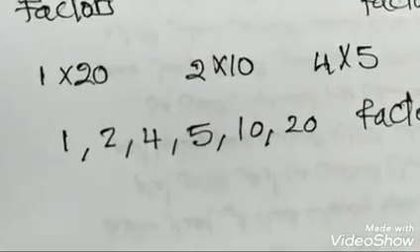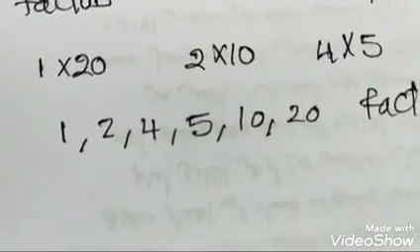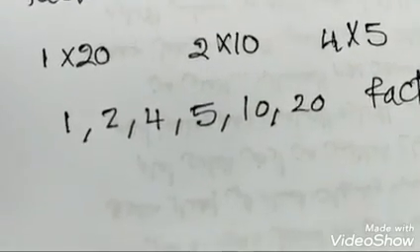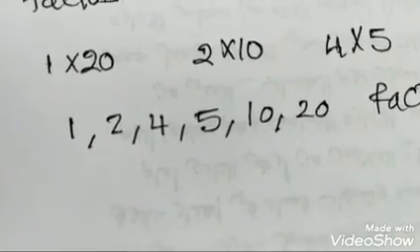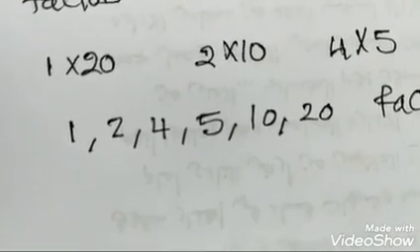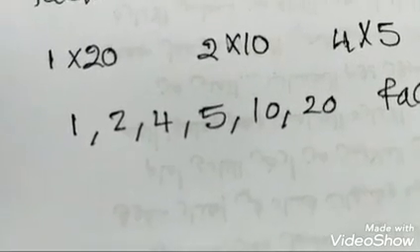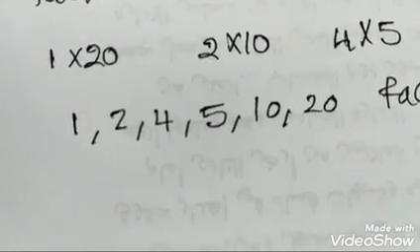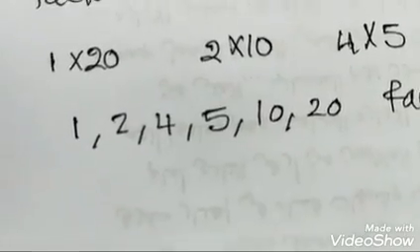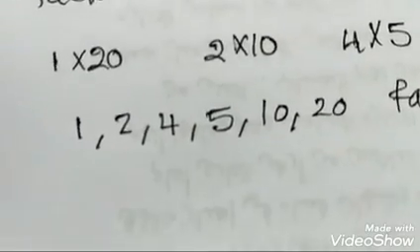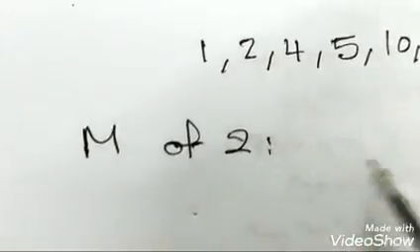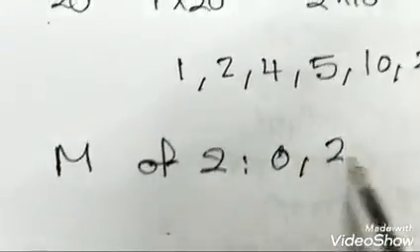What is the meaning of multiples? The multiples of a number are the products of that number and any whole number. For example, multiples of 2: 0, 2.